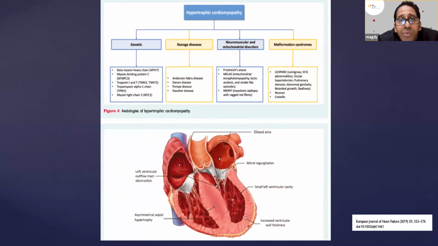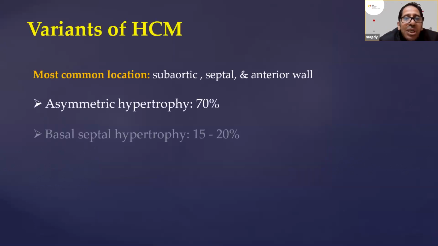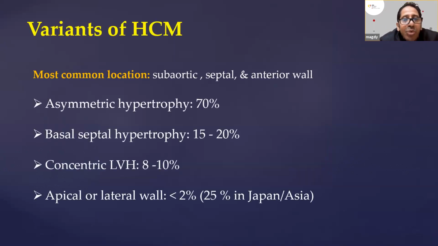Other storage diseases should be diagnosed as a cause for the same LVH, like Anderson-Fabry disease, Danon disease, Pompe disease, and neuromuscular diseases like Friedreich's ataxia, and malformation syndromes like Noonan syndrome, which is characterized by hypertrophic cardiomyopathy, subvalvular pulmonary stenosis, and other abnormalities. So we will focus on hypertrophic cardiomyopathy due to genetic mutations.